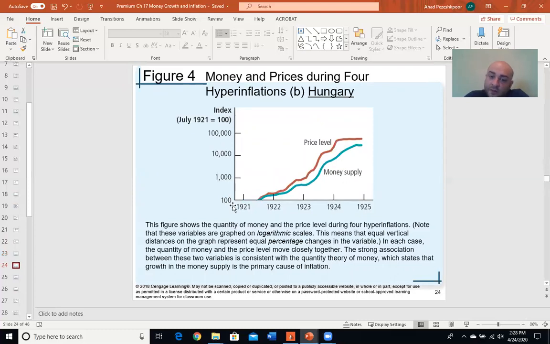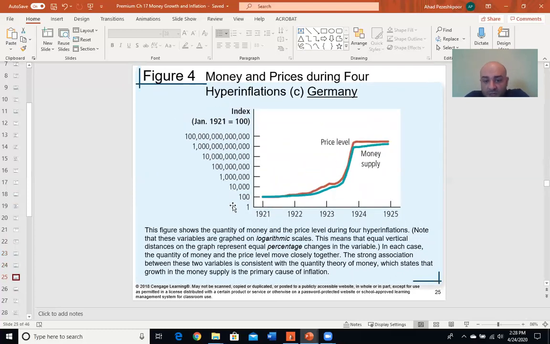For Hungary, again, the same. For Germany, oh boy, look at this. 100 in 1921, still up to 1922, under control, 100. In 1923 it is beginning, 10,000. Next year, in one year, from 10,000 we got to, what is this?